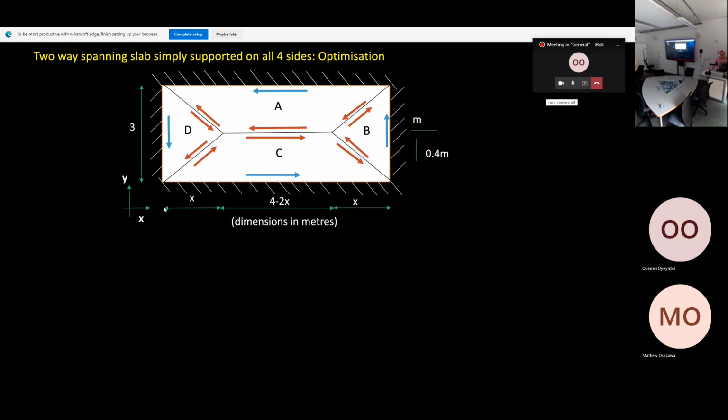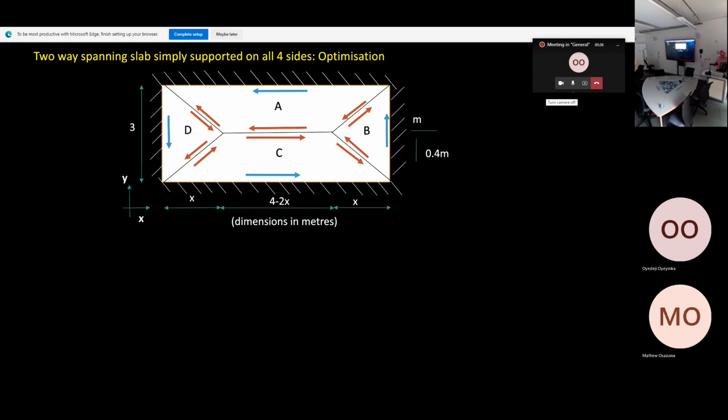So we say this length here is x, and we use symmetry, so we have x, and therefore this length here is 4 meters minus 2x. We are using the yield line pattern, but we don't know what the length x is, and we want to determine the optimum value for x for this slab.